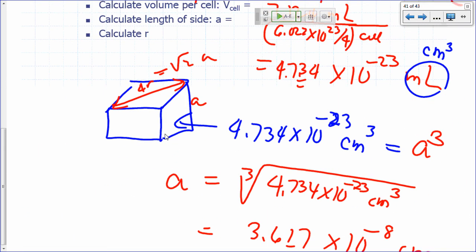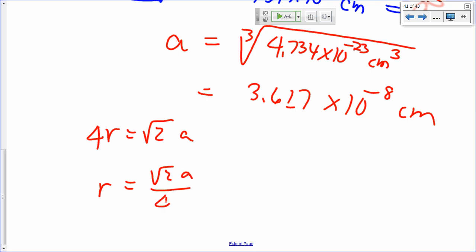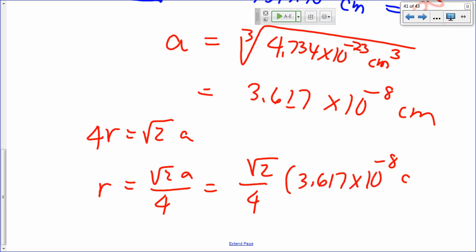So 4r is square root of 2a. So what's our radius? Square root of 2a over 4. Okay. Square root of 2 over 4 times 3.617 times 10 to the negative 8 centimeters.